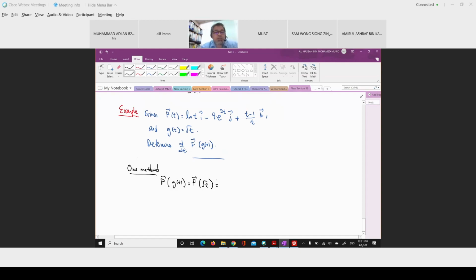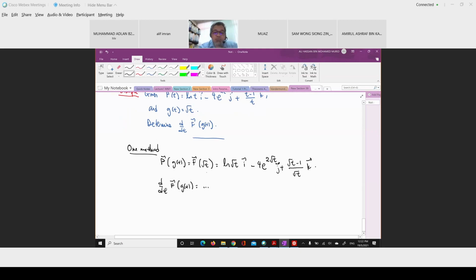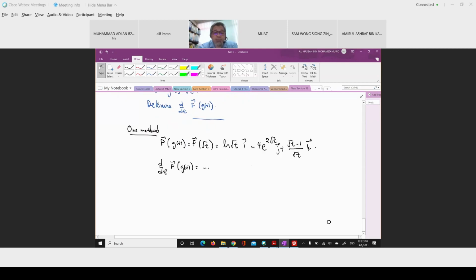In the function f of t, we replace t by square root t to get ln square root t i minus 4e to the power of 2 square root t j plus square root t minus 1 over square root t k. And then differentiate component by component.